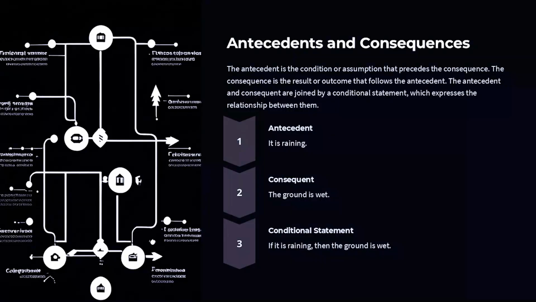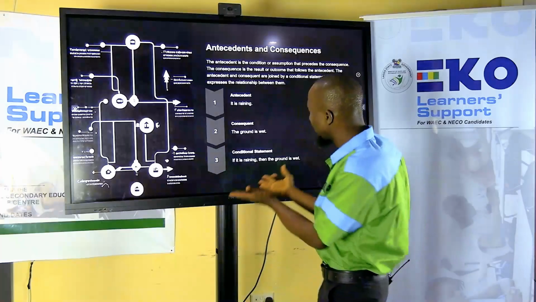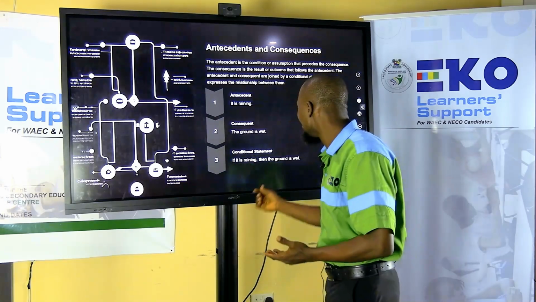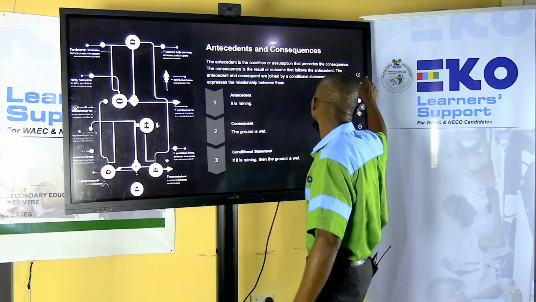Look at an example: it is raining, which is the antecedent. And the consequence was what? The ground is wet. We want to create a conditional statement for that. It is: if it is raining, then the ground is wet. So the antecedent is "if it is raining," then the ground is wet.